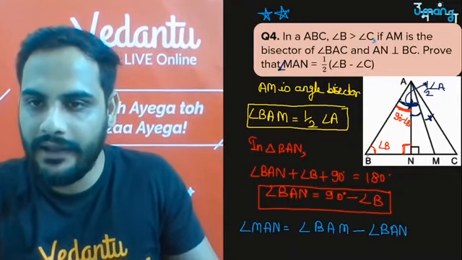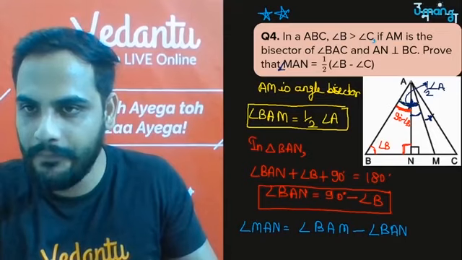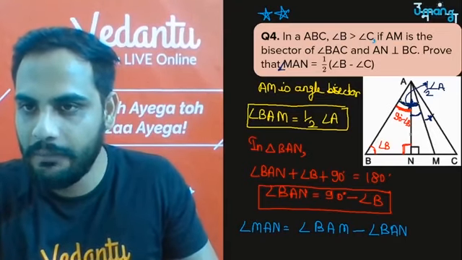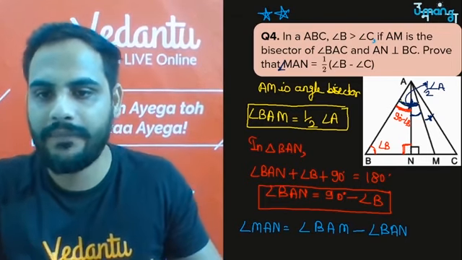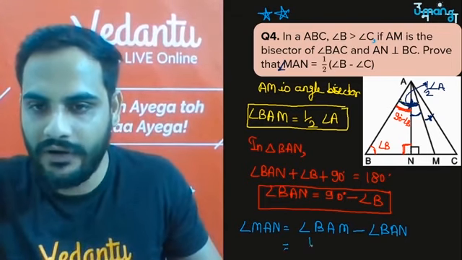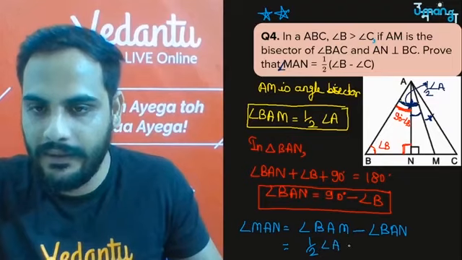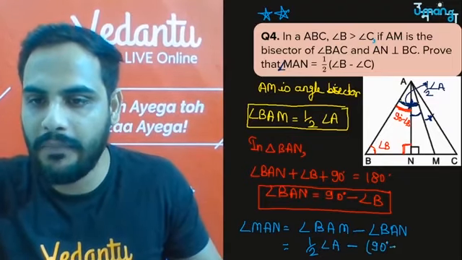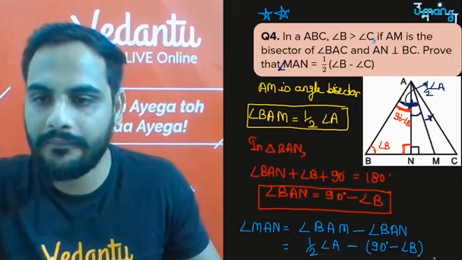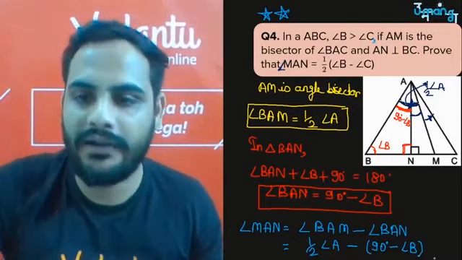Look, angle BAM which is half of angle A minus BAN, then the remaining will be your angle MAN. Okay, so angle BAM is half of angle A minus angle BAN, which is 90 minus angle B.